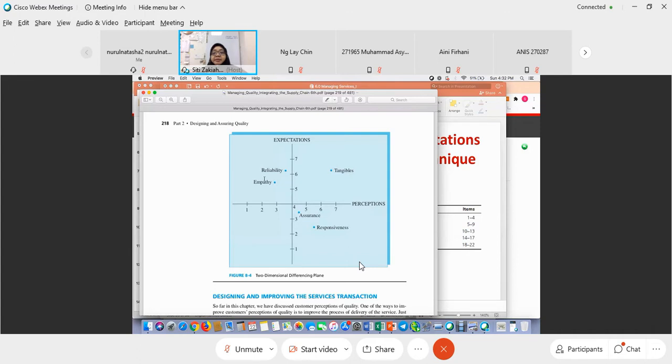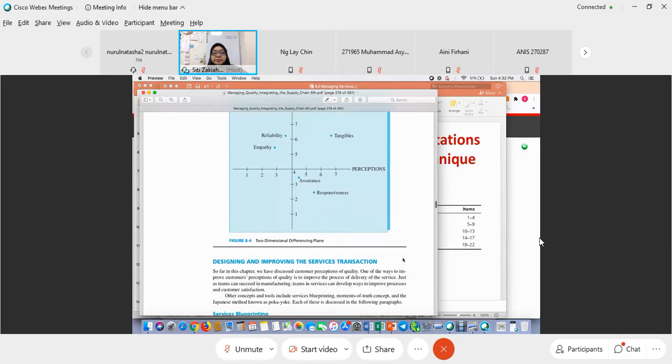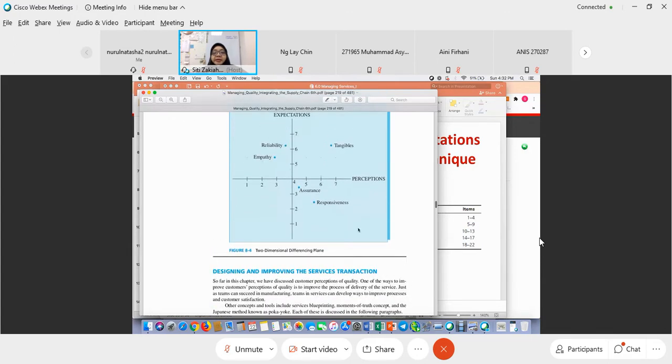That means there's a gap. You don't show the negative value, but you can see it. If you are talking on the left side, the rest of the dimension is on the right side. Okay? So you can see here. That is service gap differencing.